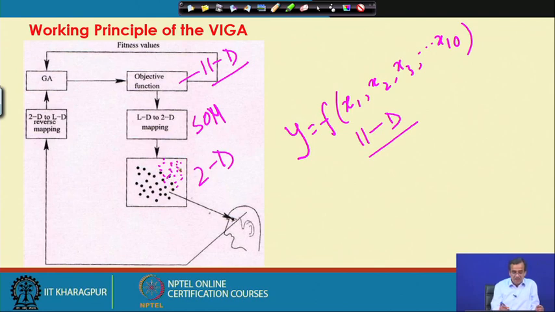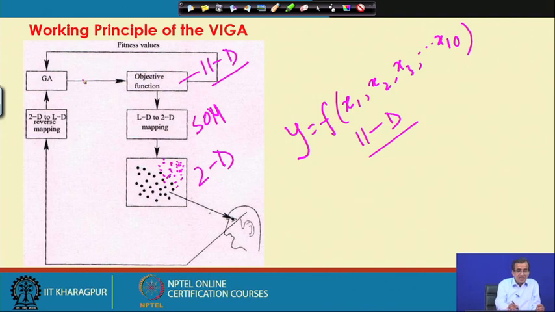This information the user will collect from this 2D map, and this information he is going to give to the GA, that you concentrate only on this particular region if you want to hit the globally optimal solution or the globally maximum solution, and GA unnecessarily should not concentrate on this other area or other region. So, this problem information is given by the user to the GA.